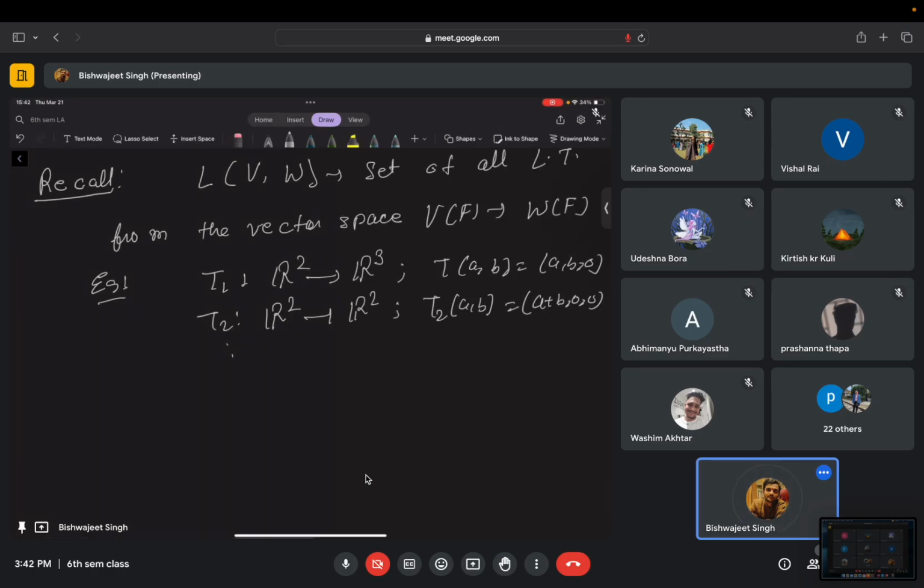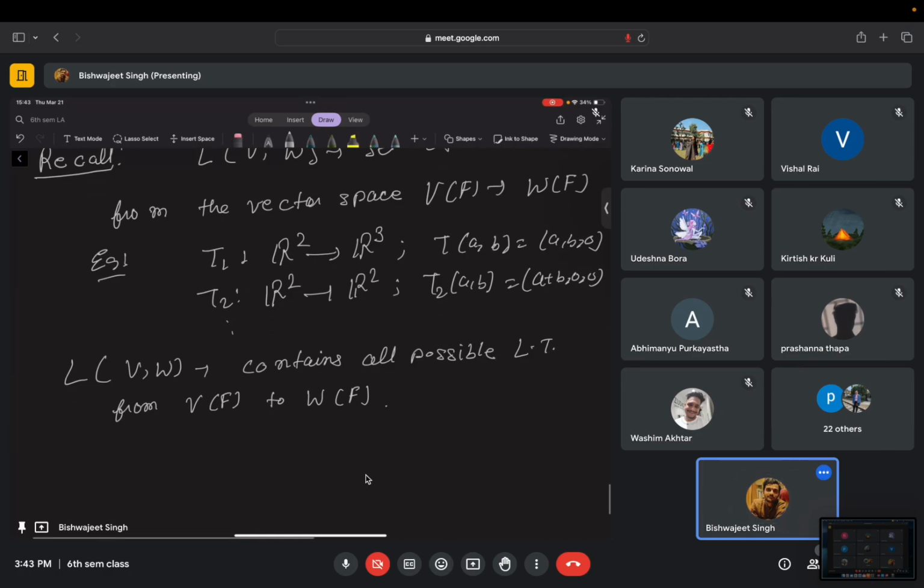So what was L of V, W? It was the set that contains all possible linear transformations from the vector space V over F to W over F. You have already studied this, and I also mentioned it in my last class.